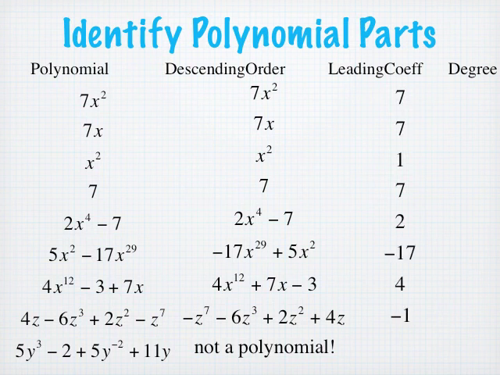It's just the coefficient of the term that's written first when it's written in descending order. And finally, the degree. The degree, I just look at the exponent of the first term. So for the first two, it's 2 and then 1 and then 2. Now remember that's 7 times x to the 0, so the degree of that guy is 0. Then 4, 29, 12, and 7. So that is just our definition of a polynomial.